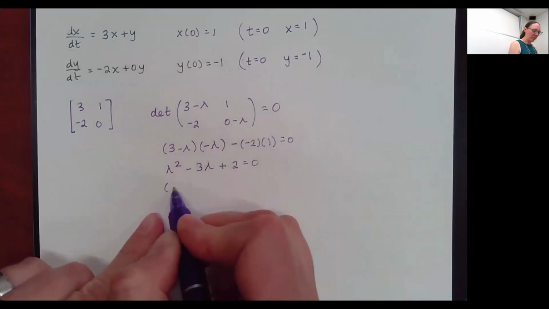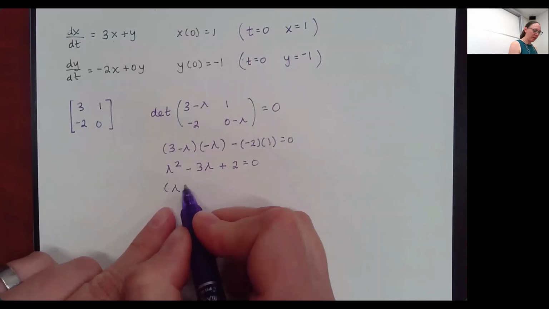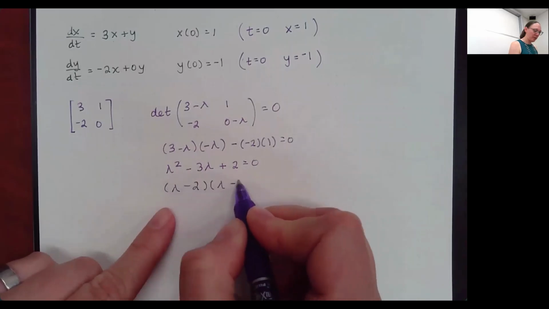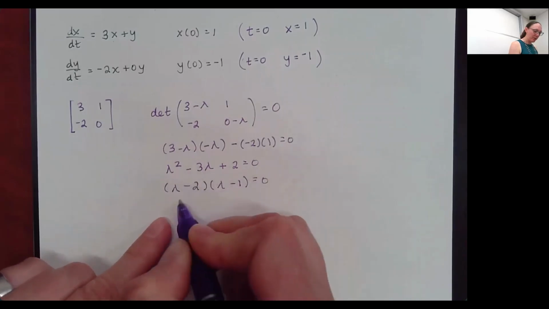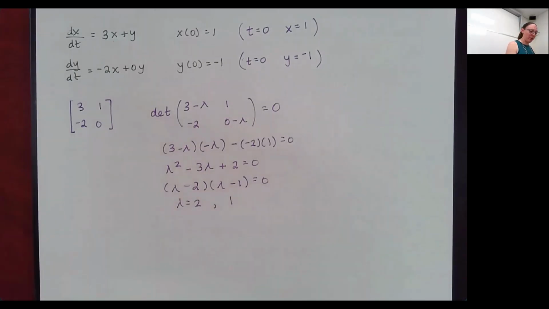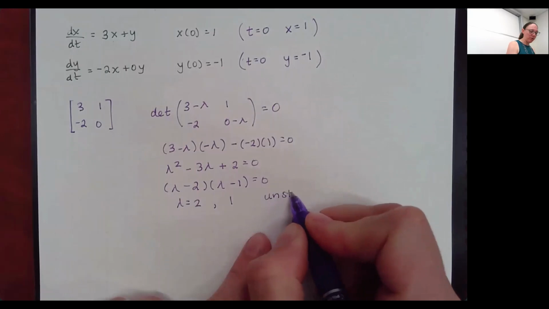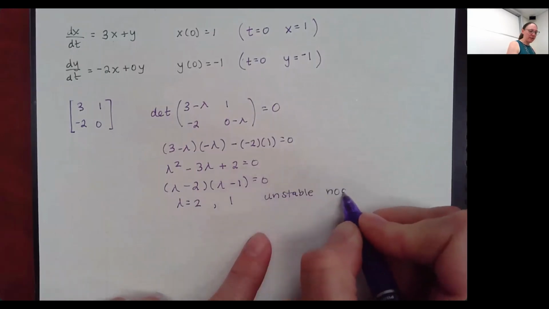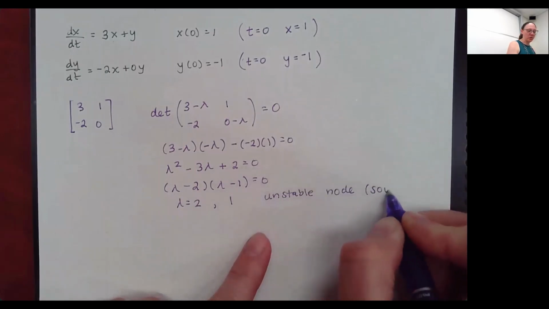So I get lambda... Perfect. So if my lambdas are +2 and +1, then I already know that this is an unstable node, which our textbook also calls a source.